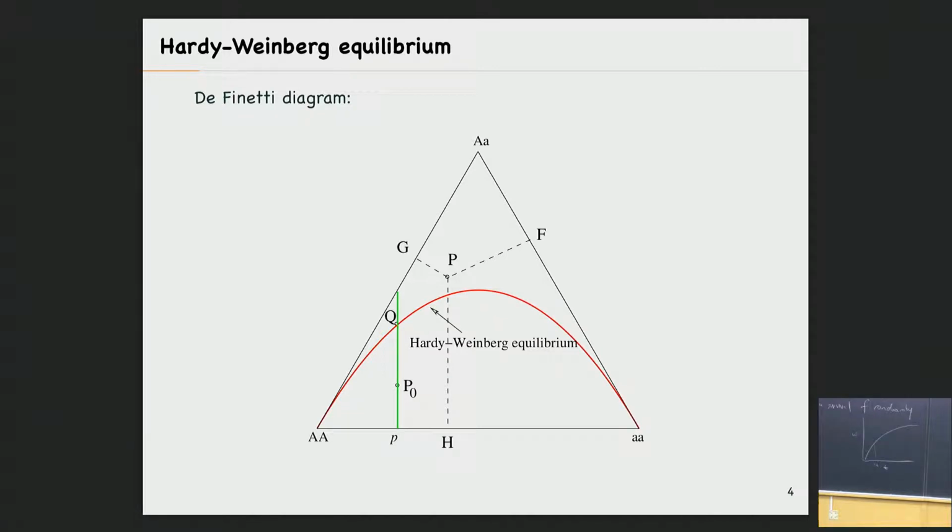And then the Hardy-Weinberg equilibrium line is this line here that is described as you change the value of P. And what you find is that you can start, for instance, from a population which has a composition P0, and within one generation, provided that these three conditions are satisfied, you end up at this point Q, which is the intersection of this vertical line with the Hardy-Weinberg equilibrium line that you find here.